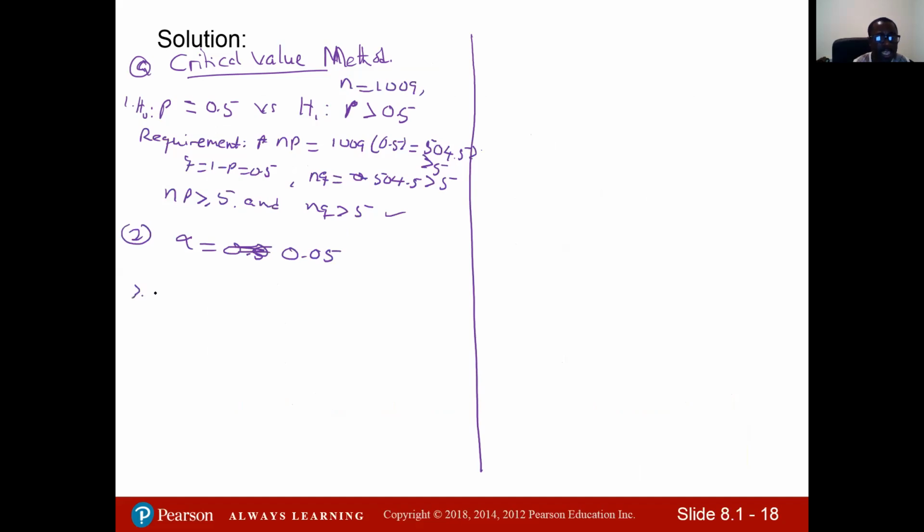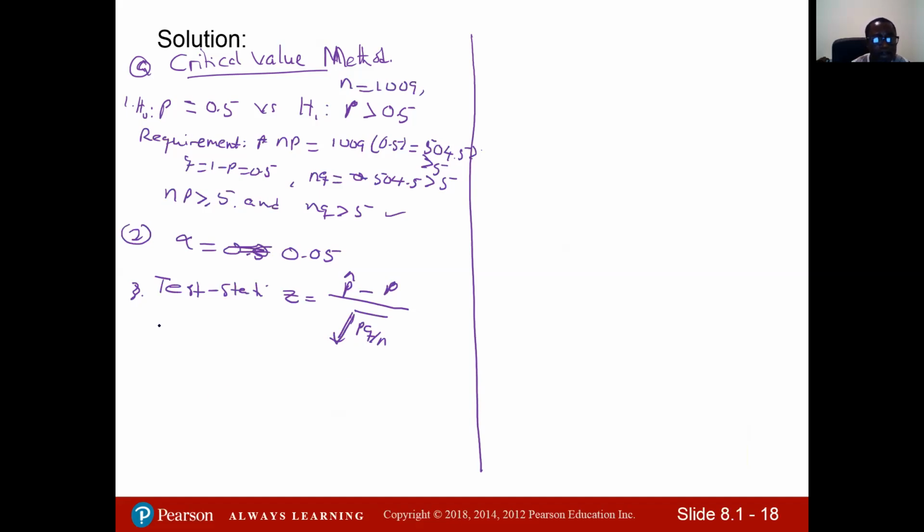Step 3 says to calculate the test statistic. The test statistic, which is a z, is given by the formula p hat minus p, over the square root of p times q divided by n.